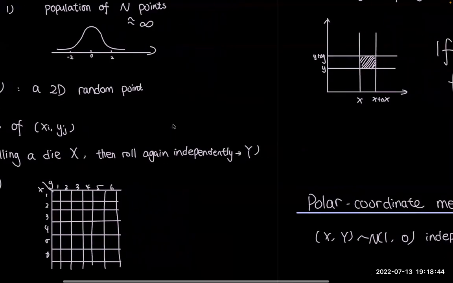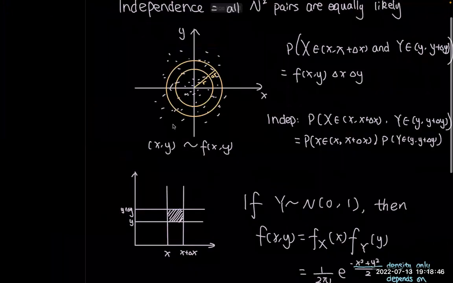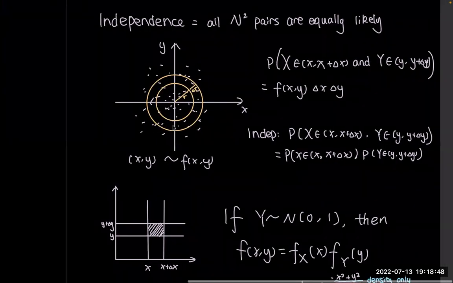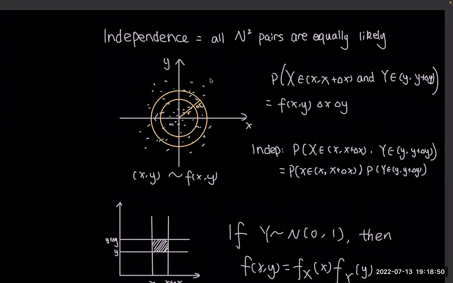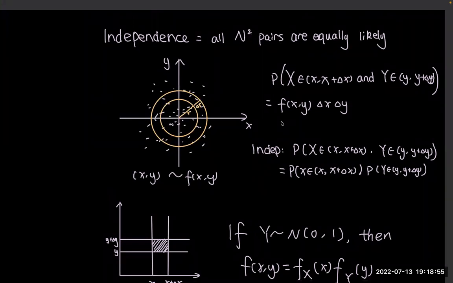Okay, and if they are independent, then all the n squared pairs are equally likely. As a result, if you look at the probability that the first number is in a small range and the second number is in a small range, that is, x in x plus delta x and y in y plus delta y, this is equal to f of x, y times delta x delta y.